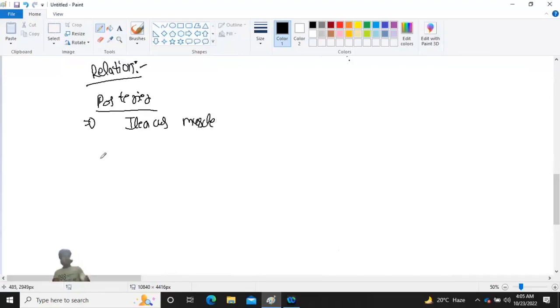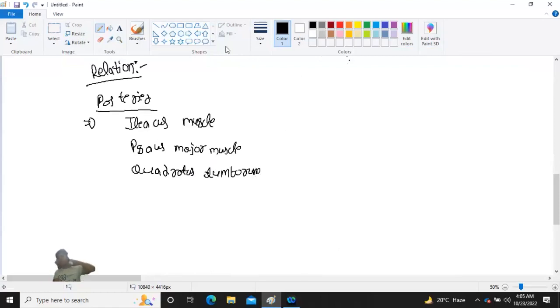Then posterior also psoas major and quadratus lumborum, because of the region above.